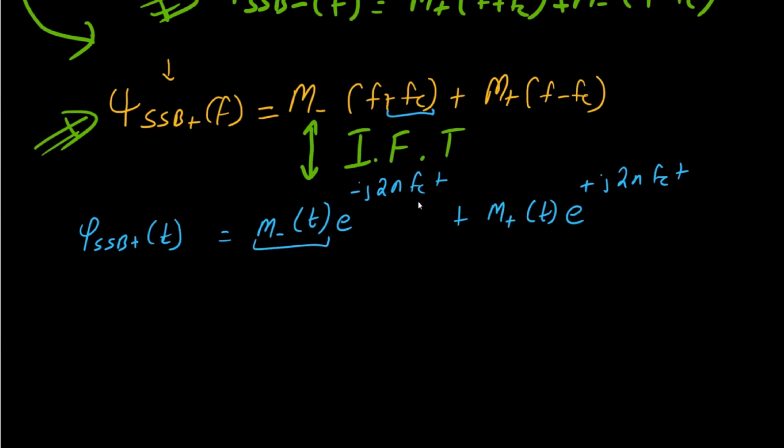So now we have m minus of t and m plus of t multiplied by two exponentials. The exponentials are coming from the frequency shifting property.